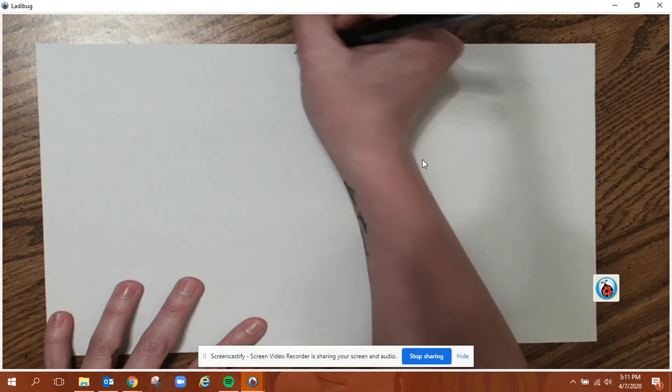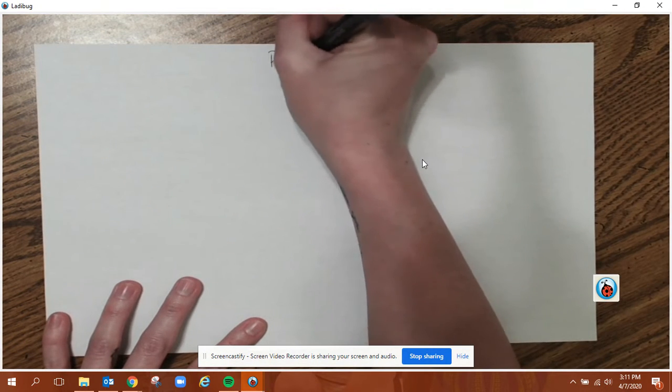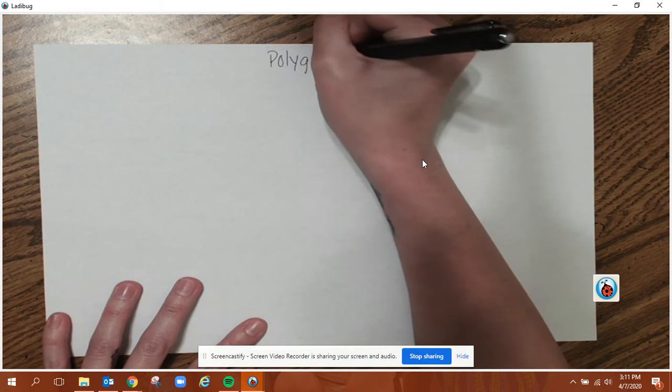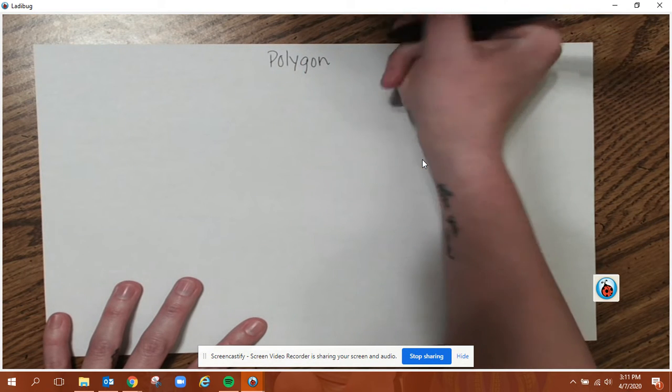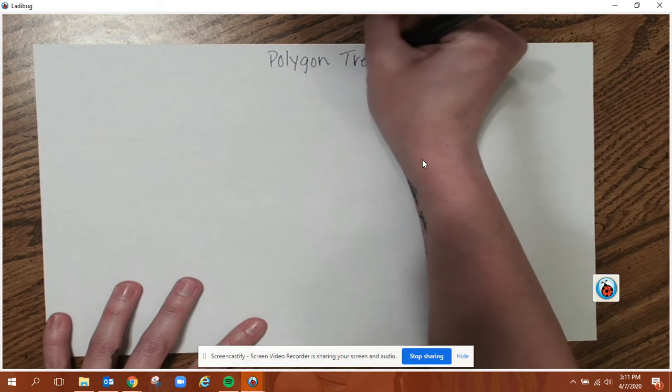So this will look really familiar to the polygon tree we created in your journal, but we don't have our journal, so I'm going to make one on a piece of paper. Okay, so when we talk about two-dimensional shapes in geometry, we can classify different two-dimensional shapes by the number of sides that they have. Okay, so the first thing we're going to talk about today is a polygon. And this is going to be our polygon tree.